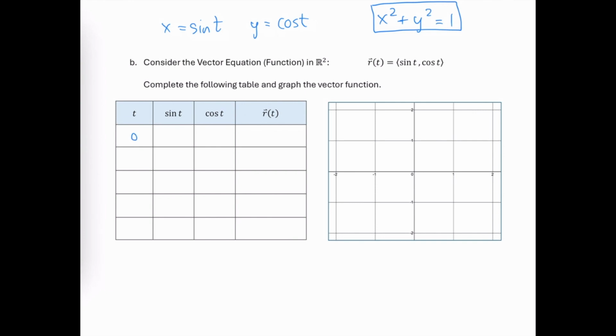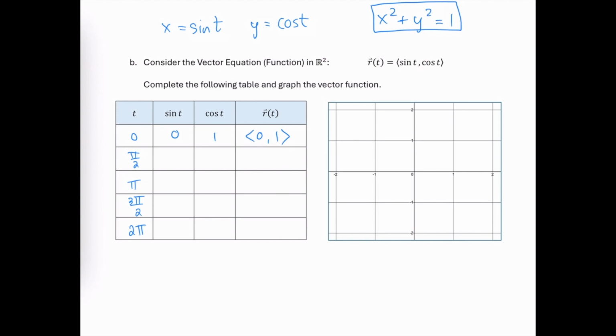Well, let's plot points. We'll have 0, pi over 2, pi, 3 pi over 2, and 2 pi again. This time, when we calculate the sine of 0, that's 0. The cosine of 0 is 1, and we're going to get a different vector output at that value of the parameter, or at that time.